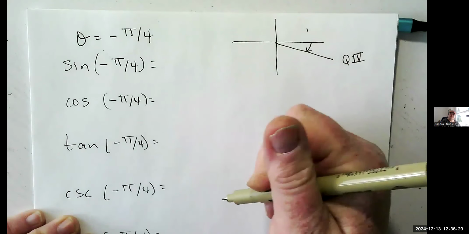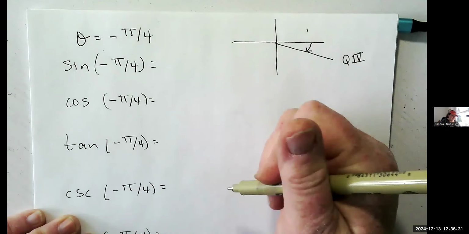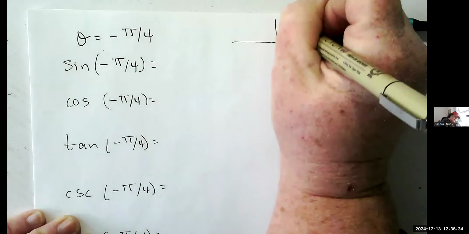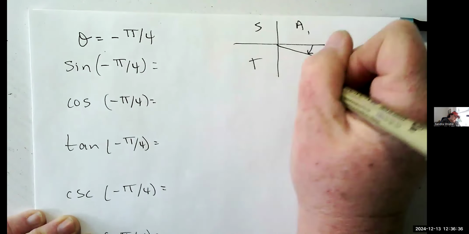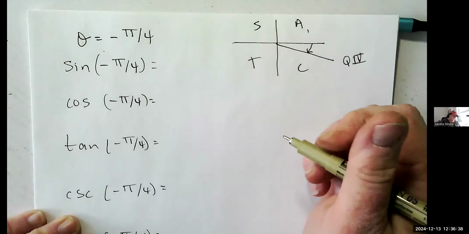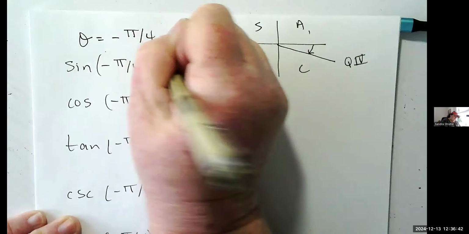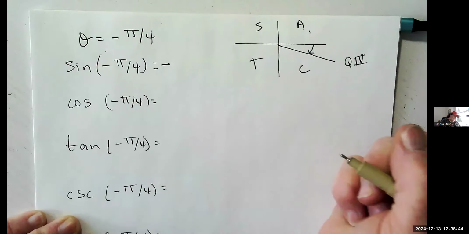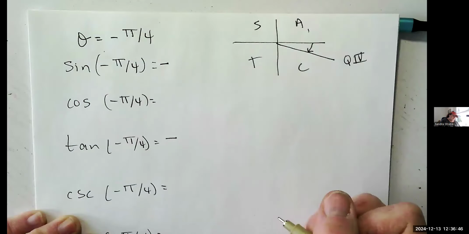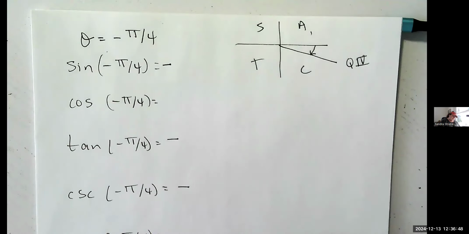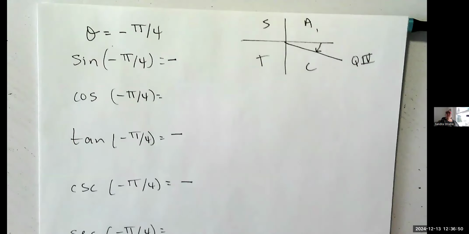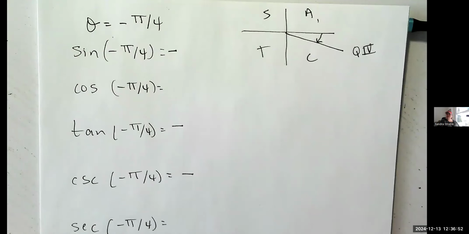And so you need to know who's positive in quadrant 4 and who's negative. Well, remember, it's A, S, T, C. Those are the ones that are positive. So sine is going to be negative. Cosine is going to be positive. Tangent is going to be negative. Cosecant is going to be negative. Cotangent is going to be negative. Cosine and secant will be positive in quadrant 4.